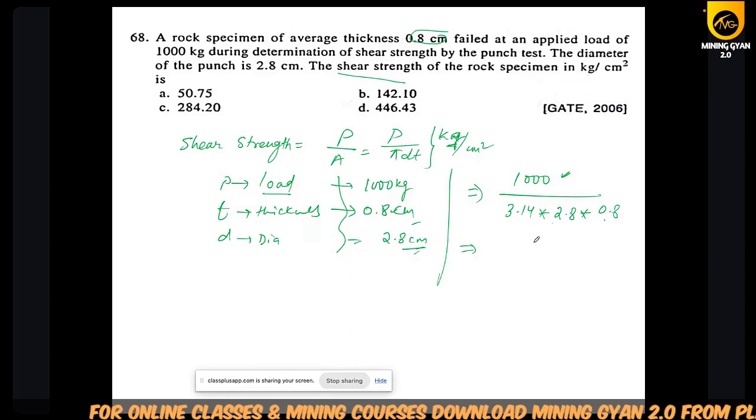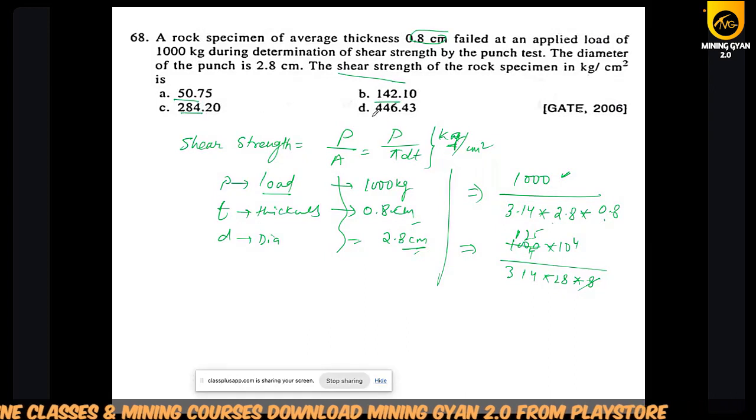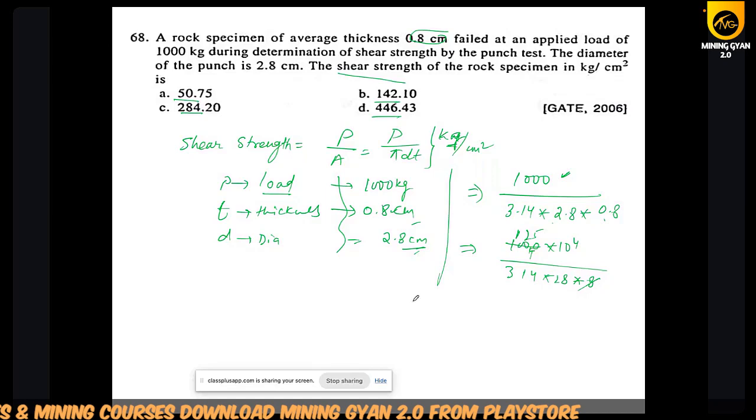So 1000 multiply 10 to power 4 divided by 314, 28 and 8. If you cross 8 1 8, 2 8 16, 4 8 पंजे 40, so 125. And if you check the value, 50, 142 and 284 and 246, so you can do approximation also if you need.